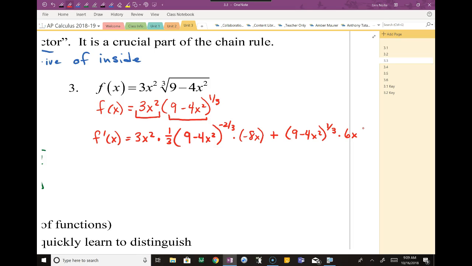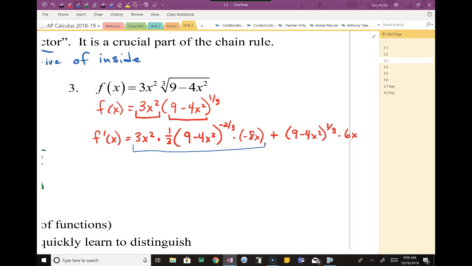Okay, so simplifying this. On my first term, you see my whole giant first term, this piece all right here. Remember, I'm not going to touch anything that has a quantity with an exponent. The only thing I can do with that to the -2/3 is put it into the bottom because it's negative.